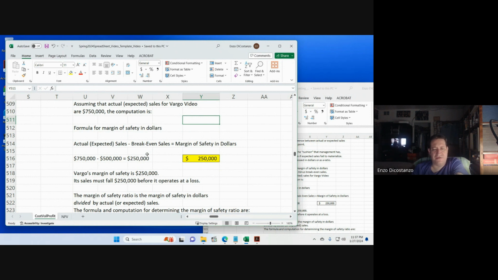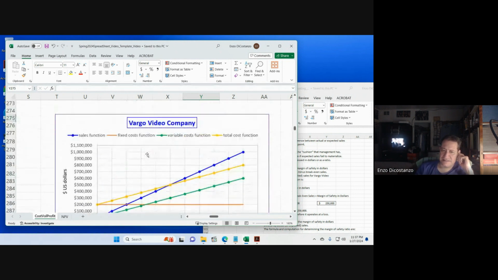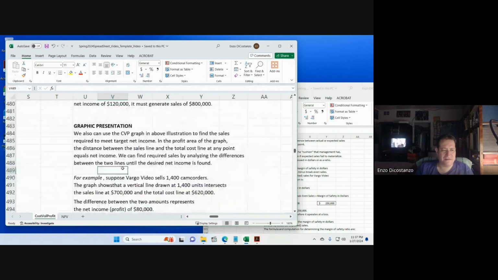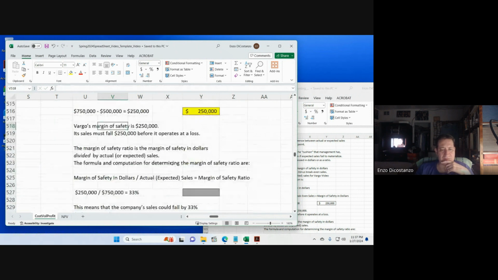So you have the 250,000 cushion. If your break-even is 500 and you're at 750, your sales can go down 250 before you're at break-even, but you already knew that. Before it operates at a loss.